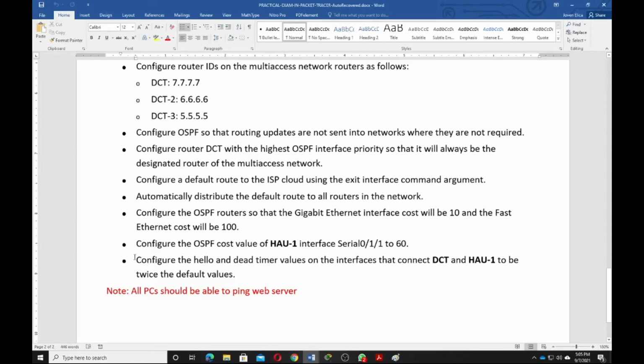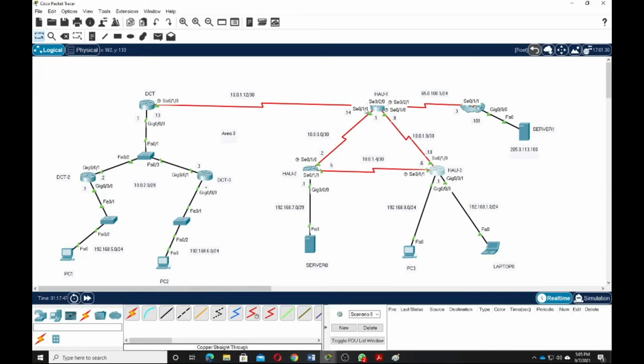Okay, and this one, configure the OSPF cost value to the HAU interface serial 0/1/1 to 60. Okay, so we need to configure this one in the HAU1.